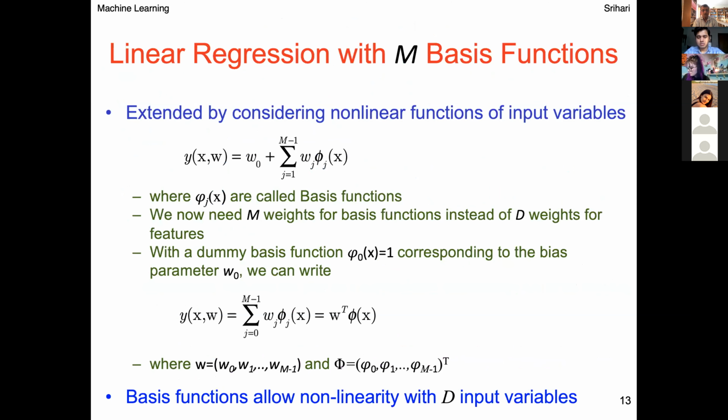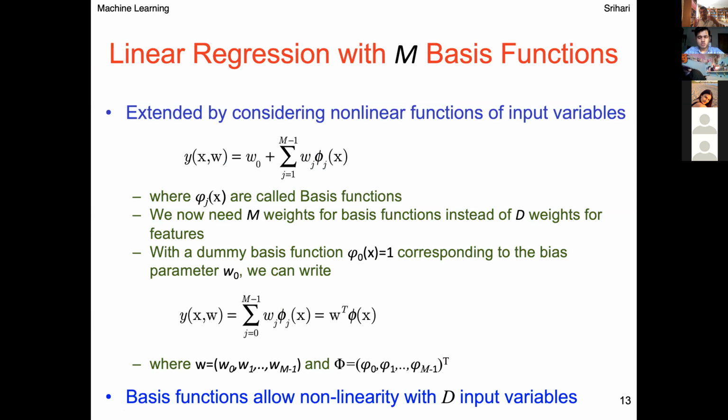So what we are now going to say is, instead of linear regression with some variables x, we do linear regression with so-called m basis functions. We replace the x's with a bunch of functions phi j of x, which run through j equal to 1 through m minus 1.